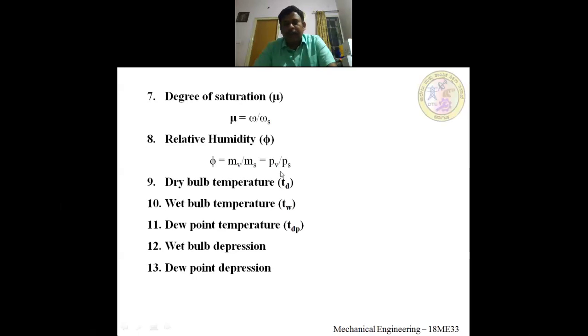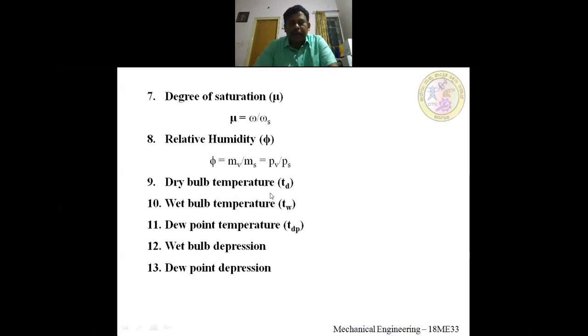Also, relative humidity is defined as the partial pressure of water vapor in the unsaturated air to the partial pressure of water vapor in saturated air. Saturated means it contains the maximum amount of moisture it can hold at a given temperature.